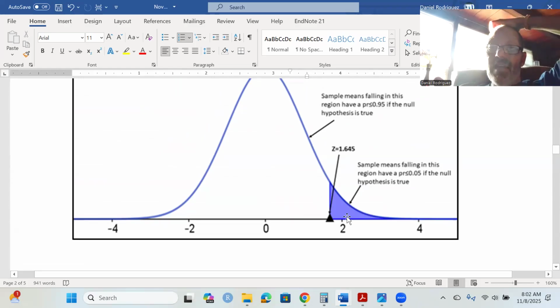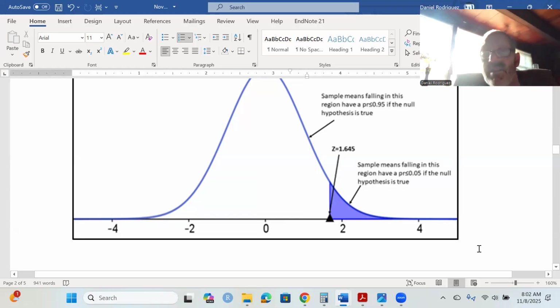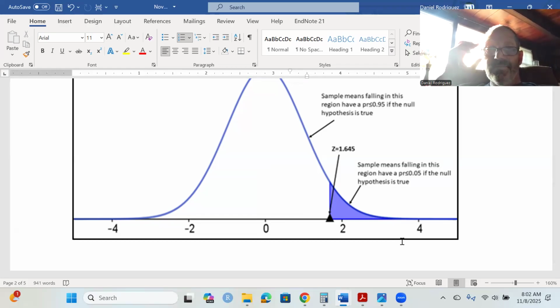We would accept a 5% chance of being wrong, but our probability of belonging to this population is really, really small. It's less than 0.002. Was it 0.002 or 0.0, whatever it was, but it was really small. It was definitely smaller than 0.05. So in that case, we would reject the null hypothesis and conclude that statistically we are different.